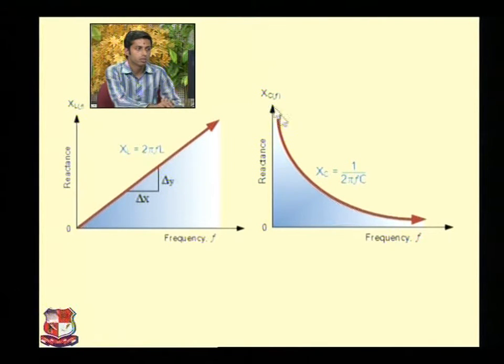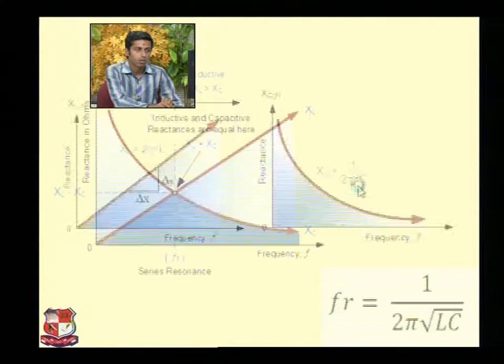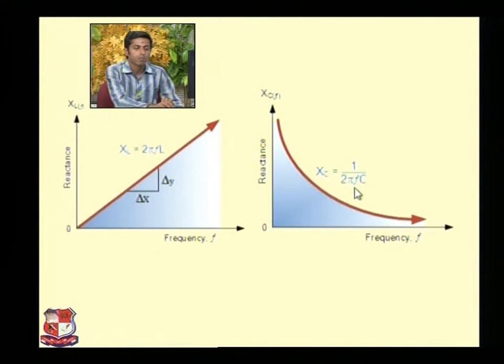Capacitive reactance is 1 upon F, so as frequency increases, capacitive reactance decreases. If frequency is 0, capacitive reactance is high or infinite. If frequency is infinite, it is 0.